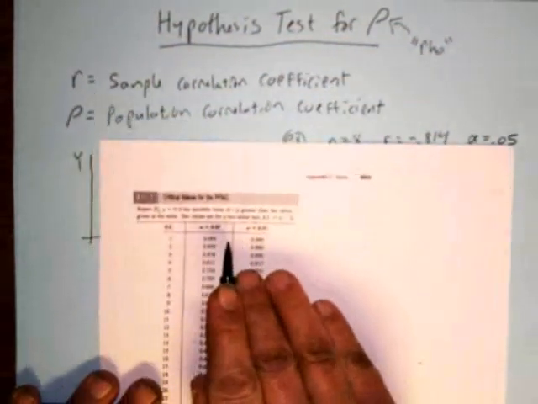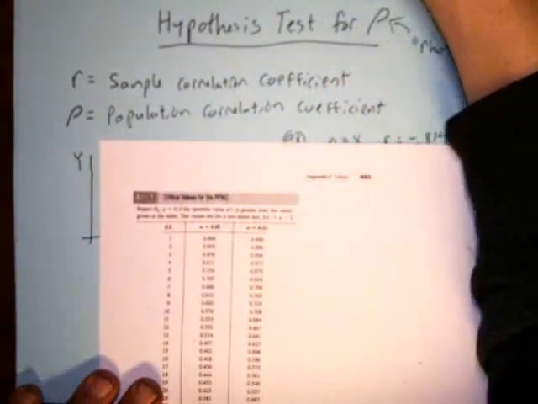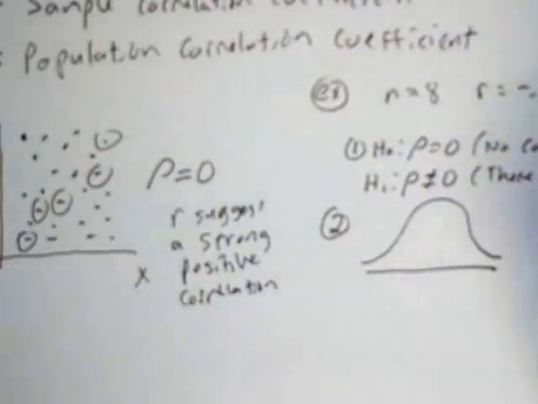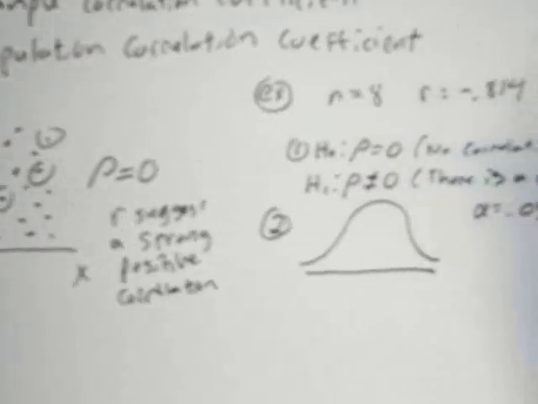It only has two significance levels, 0.05 and 0.01. Those are the only two. And notice also that the degrees of freedom is n minus 2. So we're going to do this at alpha equals 0.05.